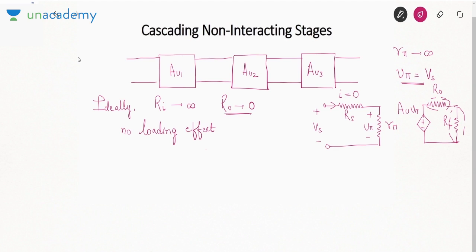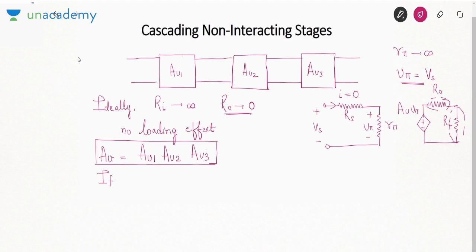Now like we studied in control systems, when there is no loading effect, the overall voltage gain is the product of all the voltage gains. In control systems we said that the overall gain or the overall transfer function is a product of the transfer functions in case of no loading effect.